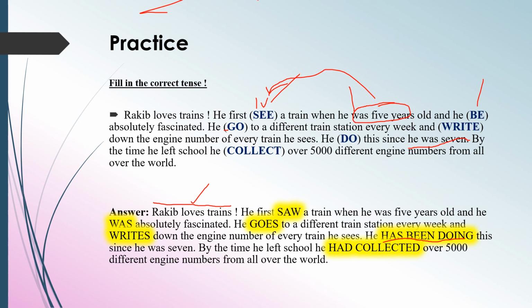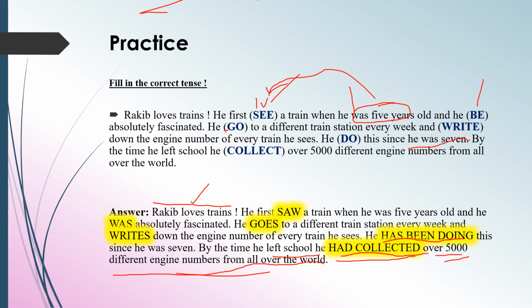By the time he left school, he had collected over 5,000 different engine numbers from all over the world. So we have two actions, Rakib left school and Rakib had collected. So before leaving school, he had collected over 5,000 different engine numbers.